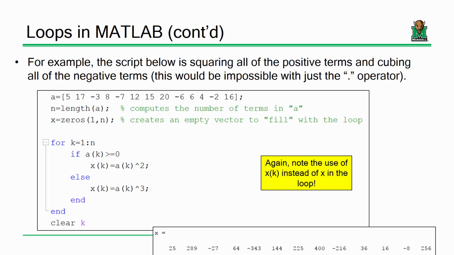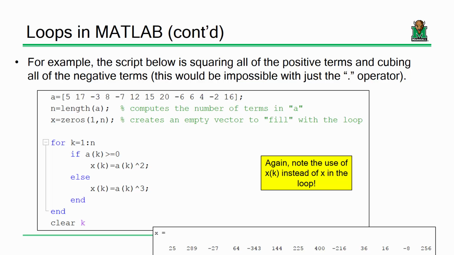Then we have our for n statement, which is a repeat. And inside of the repeat, we have it analyze if the numbers are greater than or equal to 0, or if they are not greater than or equal to 0, then that means that by process of elimination they must be negative. So the else is just if it isn't this, then do the else.